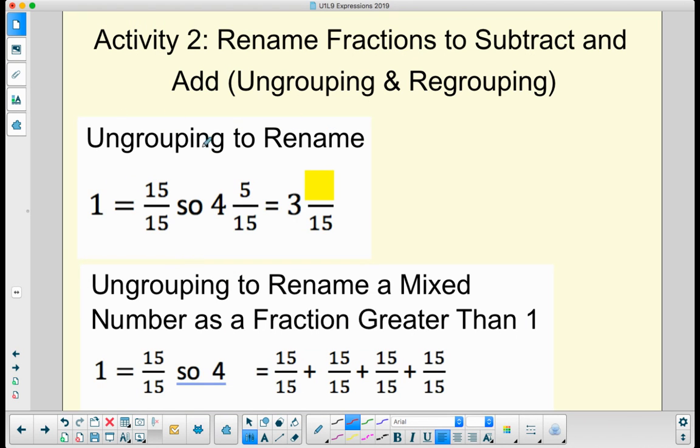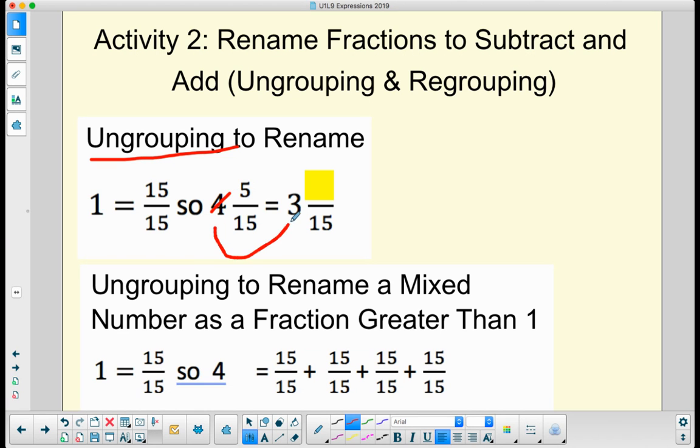So we're ungrouping one of our wholes. Since one whole equals 15/15, 4 and 5/15 equals 3 and how many 15ths? So I'm going to replace one of my wholes. I'm going to replace one of these.